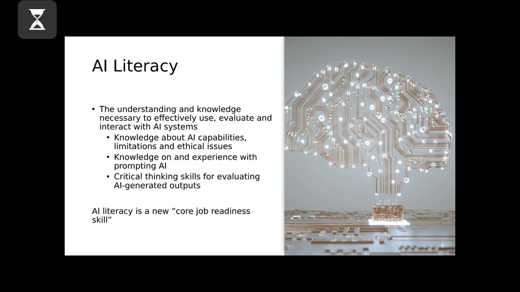So we cannot just simply offload all our cognitive tasks onto AI because again, AI has serious limitations and there are some ethical issues. We always need to include our own human oversight and critical thinking, our own human experience and expertise while evaluating AI-generated outputs.